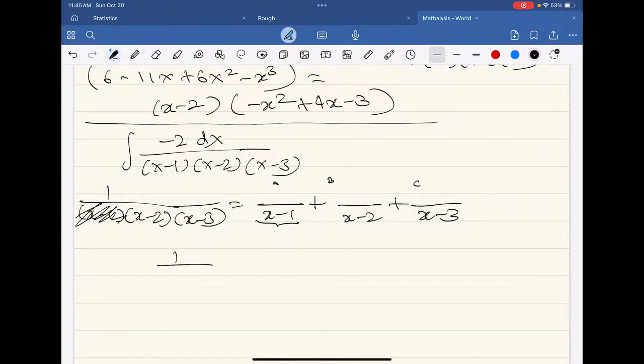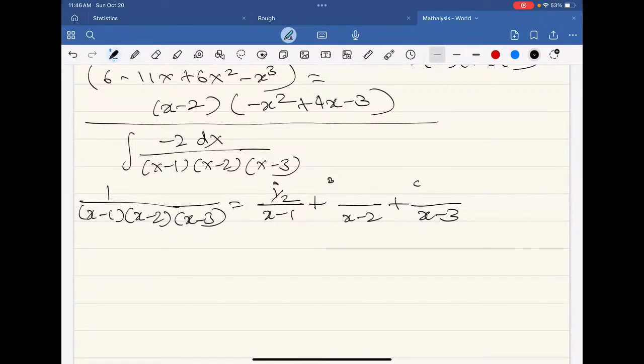We get 1 by 1 minus 2, 1 minus 3, which is 1 by minus 1 into minus 2, which is half, right? So we will have half over here. Now remove this cover. We will have half over here.